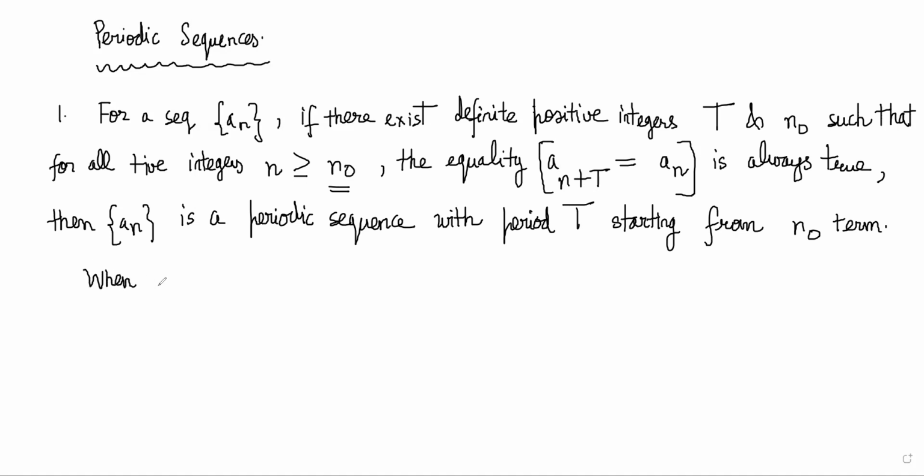When we say that n naught is equal to 1, then the sequence is called a purely periodic sequence. Purely periodic because it is periodic from the beginning.